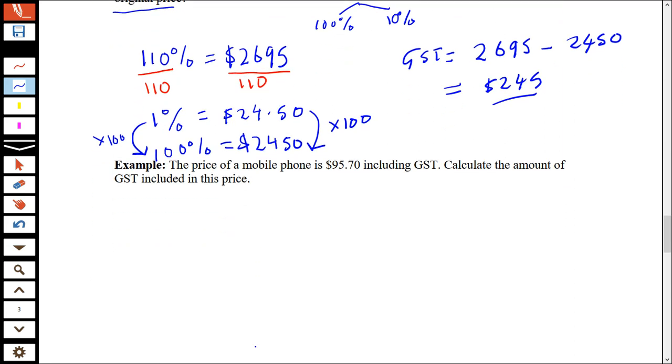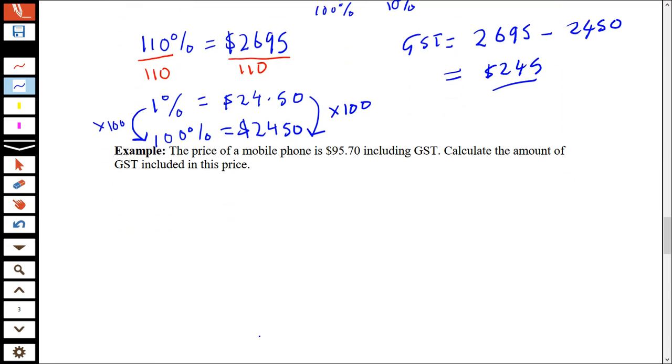Okay. Last question. The price of a mobile phone is $95.70, including GST. Calculate the amount of GST included in this price. Okay, so this price here is inclusive of GST.